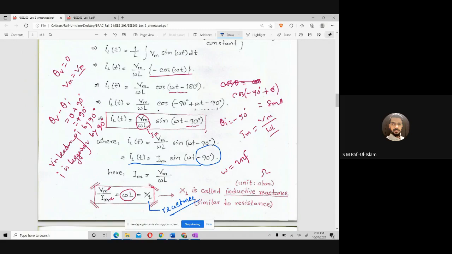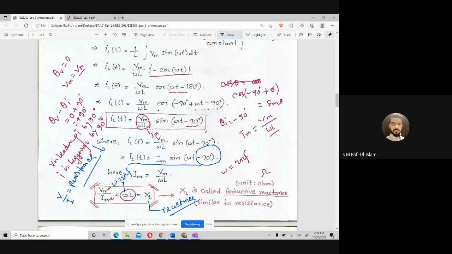Since we know from the resistance point of view, voltage by current gives you something called resistance, or something equivalent to resistance. For our AC circuit we call it reactance because it has a frequency dependent part. We know omega equals 2 pi f.